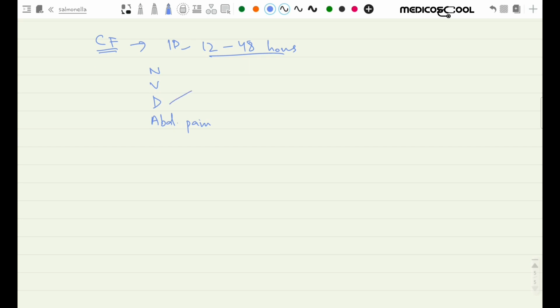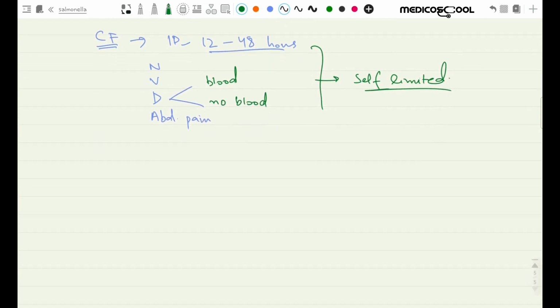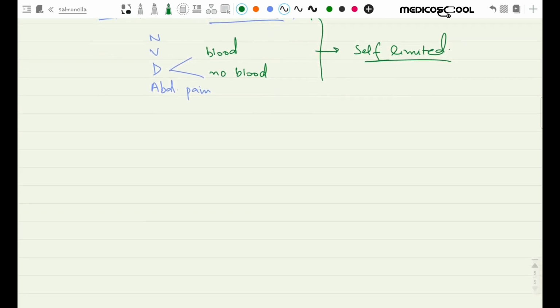This diarrhea may or may not be associated with blood. It may be watery diarrhea or it may be dysentery, depending upon the extent of inflammation. All of these are mostly self-limited and do not require any treatment. So this was the second disease caused by the Salmonella species.